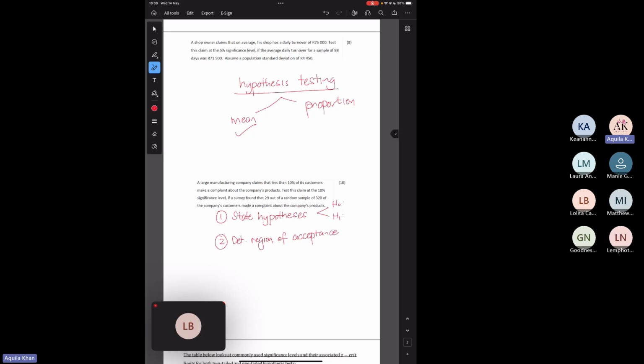So remember, the steps don't change at all. It's just the type of test, in terms of whether we are working with a mean or a proportion, that changes. So you determine your region of acceptance and rejection in step 2. Step 3 is to calculate your test statistic.